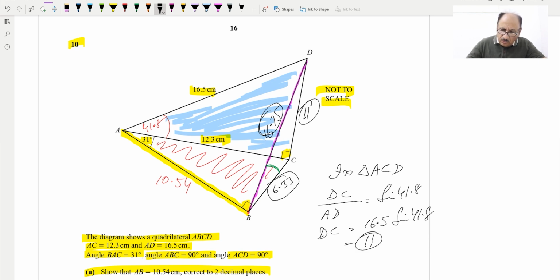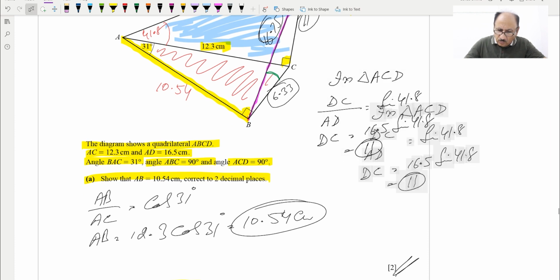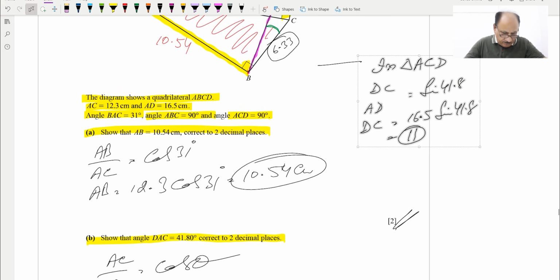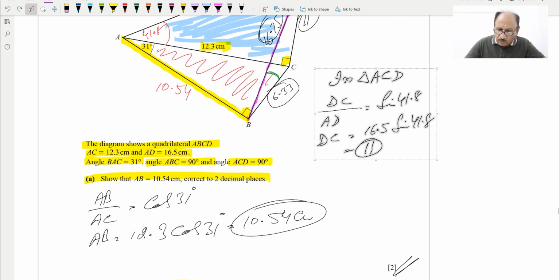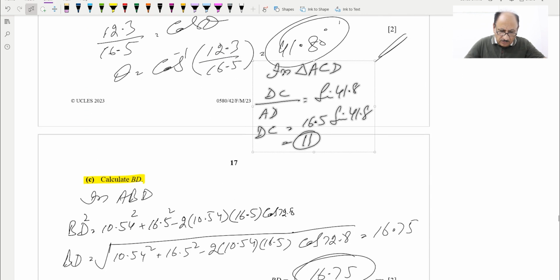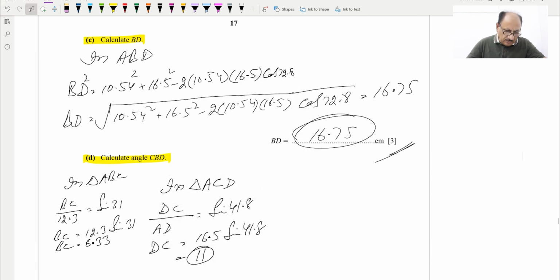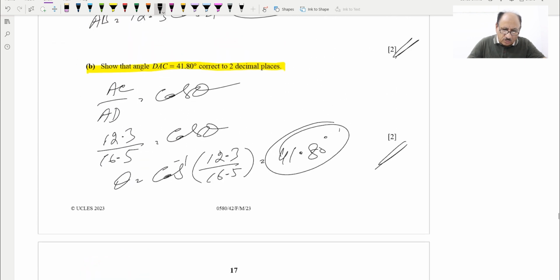So we got all the three sides. Now we can use the cosine rule. Before applying it, I will move this to the proper location, so that we will have the answer at the proper location here, and this one will be separate.